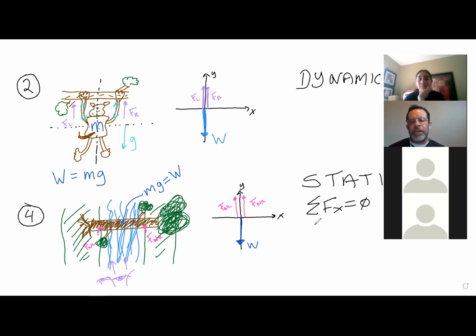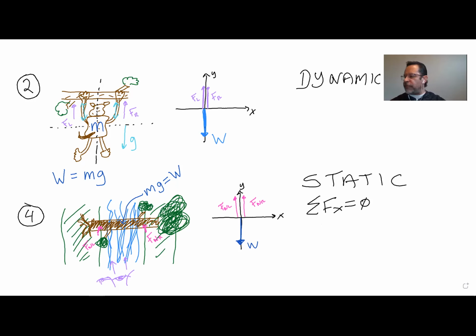And in this situation, if I do a sum of forces in Y, I'm going to have the normal forces, FL and FR, that are going up, minus the weight, but this is also going to be 0. They have to cancel each other out because the tree is resting. Okay.